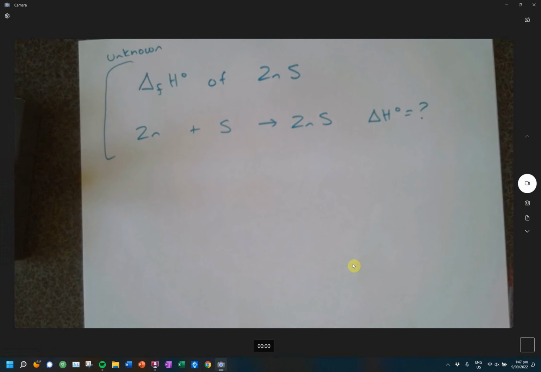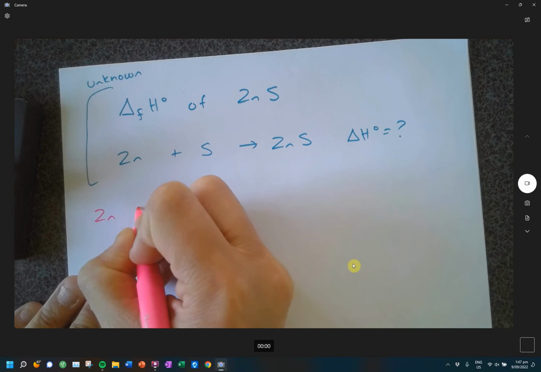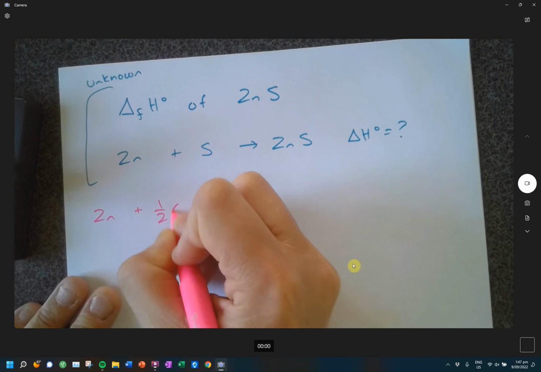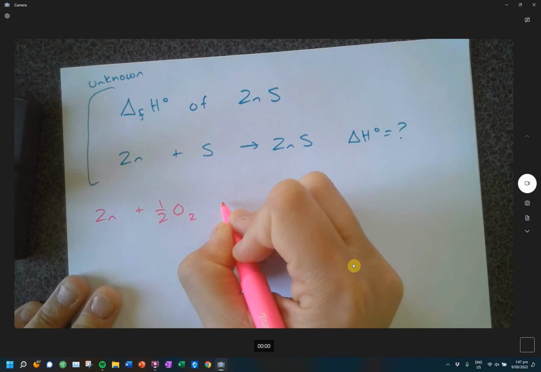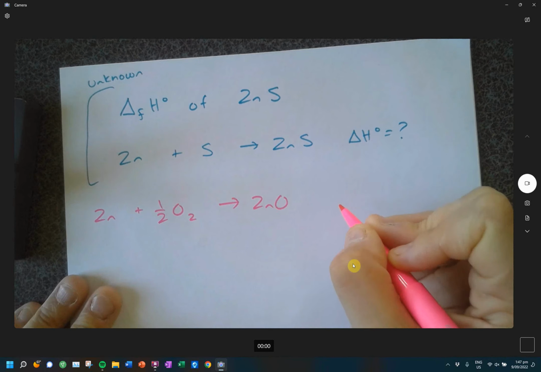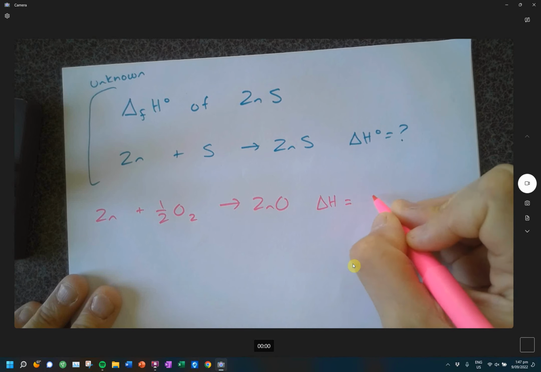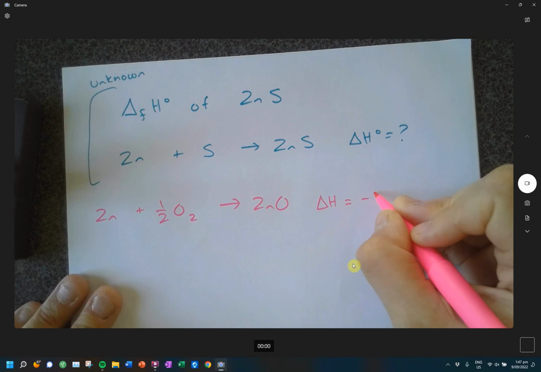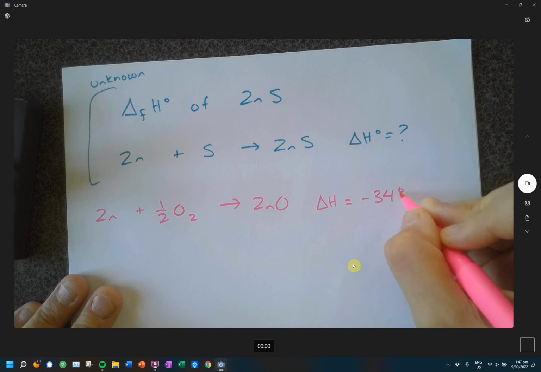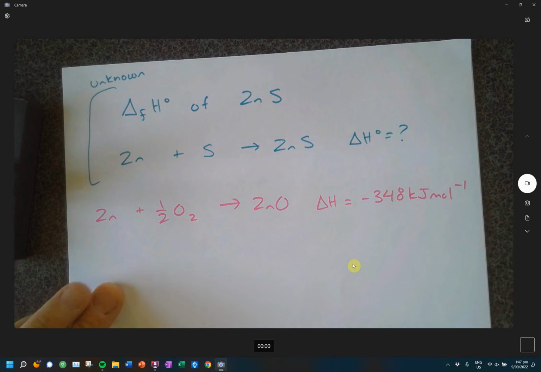My known values are the following. We have zinc, 1/2 oxygen, and zinc oxide being formed. They tell me that the delta H value for this equation is negative 348 kilojoules per mole. So that's my first equation.